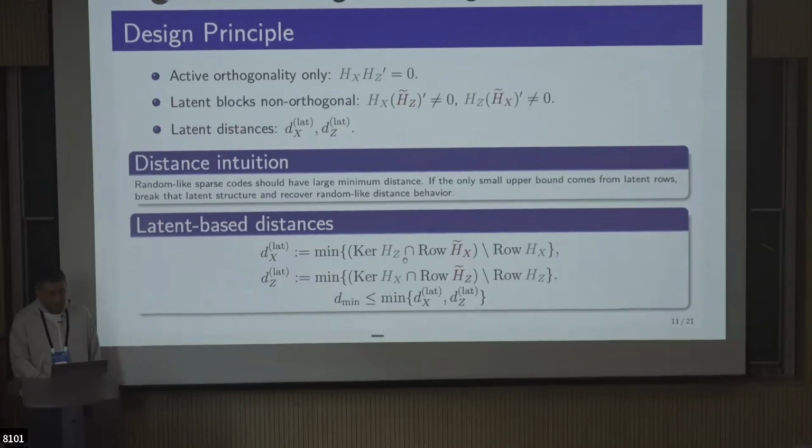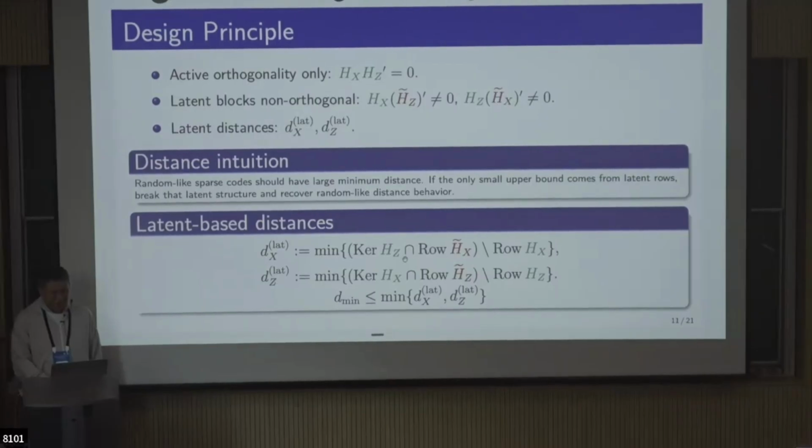I have not considered when it coincides with the actual minimum distance. We have to consider the true minimum distance to evaluate it. This latent distance only measures the risk of the latent upper bound.